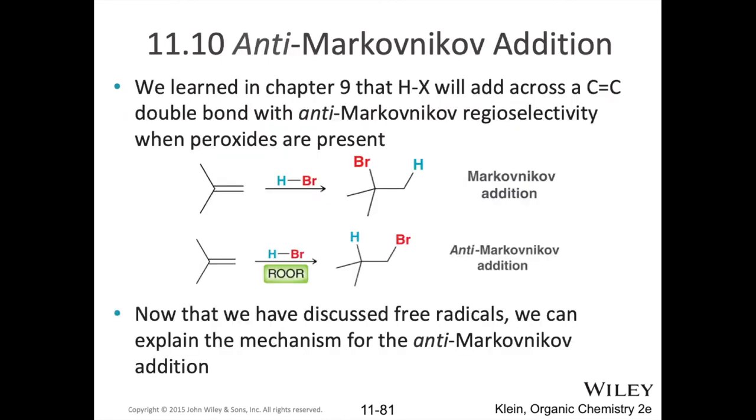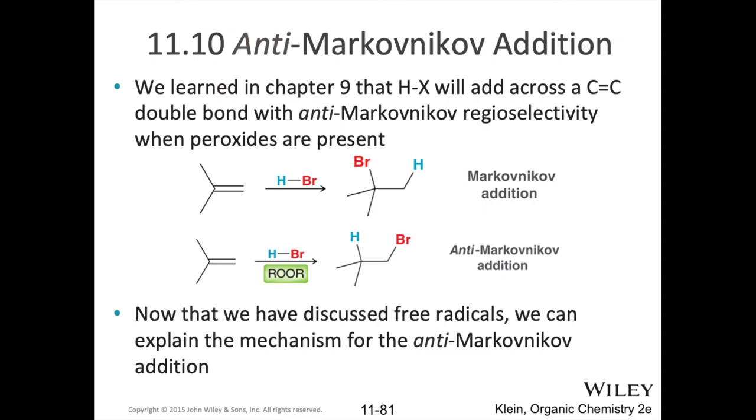If you recall back in chapter 9, we talked about Markovnikov's rule when we looked at the addition reaction of hydrogen halide, right? So hydrohalogenation across an alkene. We noticed that just adding our hydrohalide, we would have our hydrogen go to our less substituted carbon and our halogen go to our more substituted carbon.